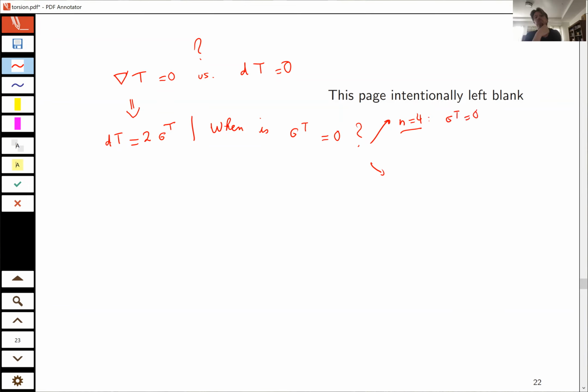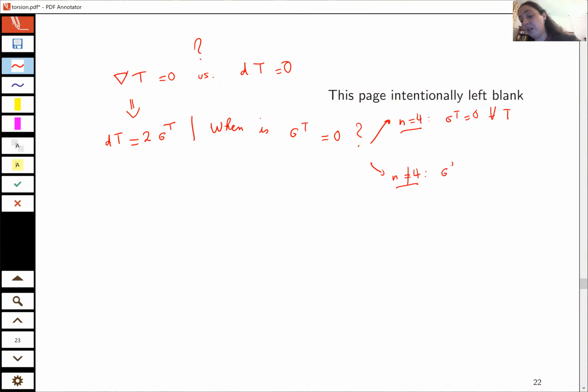Sigma T is 0, whatever is T. And therefore, it's going to be closed automatically. So in dimension 4, the two are basically equivalent, right? And if four-dimensional geometry is what you want to do, wonderful. If it's not the case, then you're in big trouble.